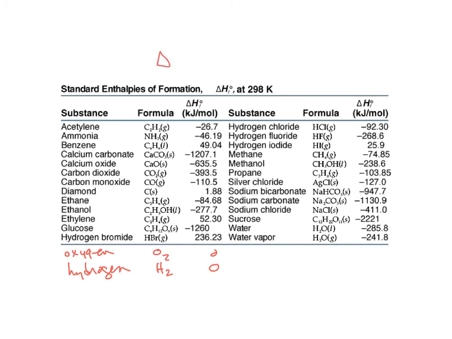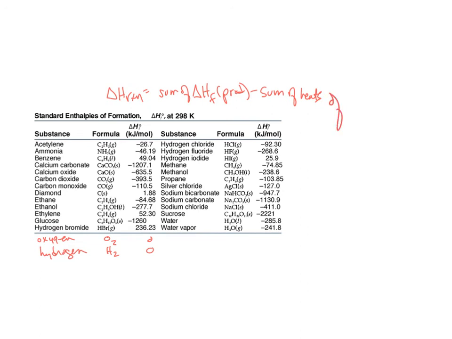Basically, you're going to use the equation. The heat of the reaction is going to be the sum of the heats of formation for the products minus the sum of the heats of formation, I want to use a symbol, sum of delta HF for the reactants.